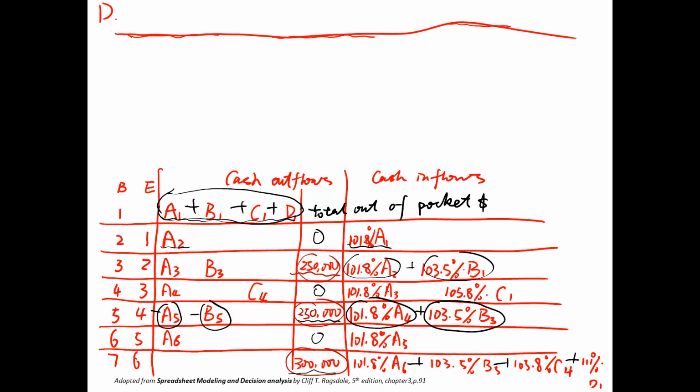Okay, so our decision variables will be A_i, where i goes from 1 to 6, B_j, where j equals 1, 3, and 5, right? C_k, where k equals 1 and 4.